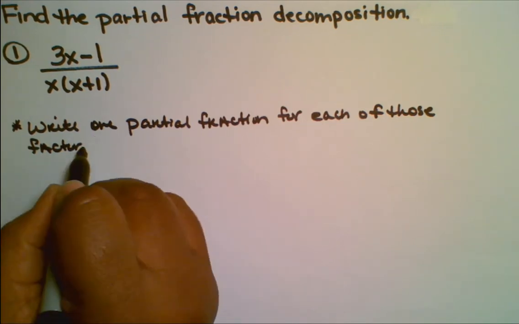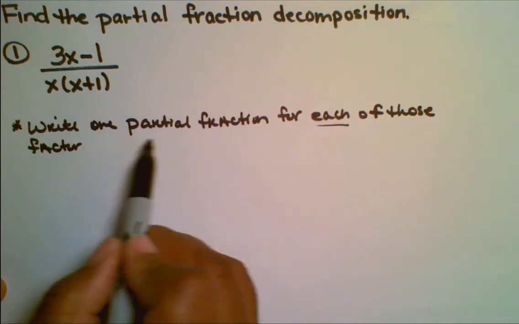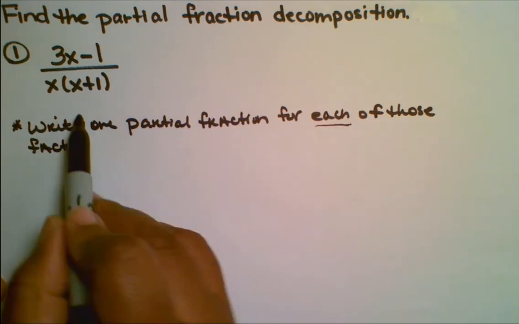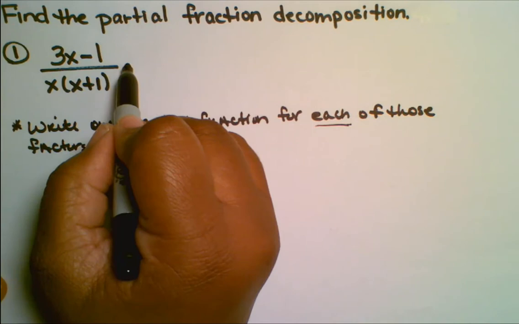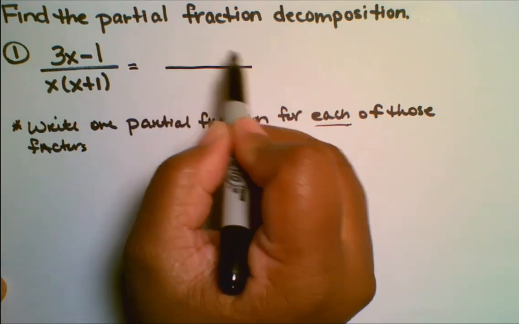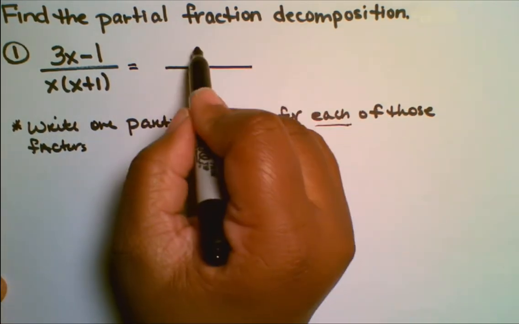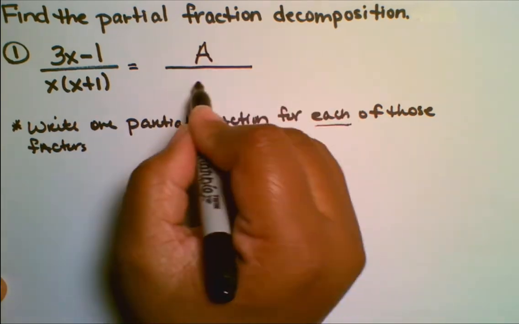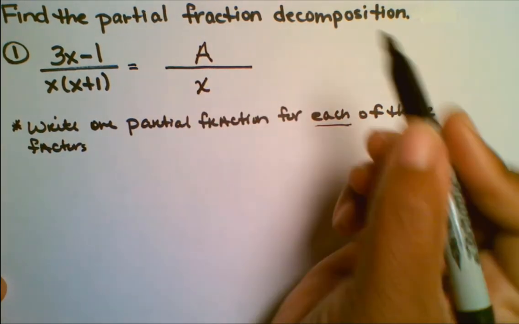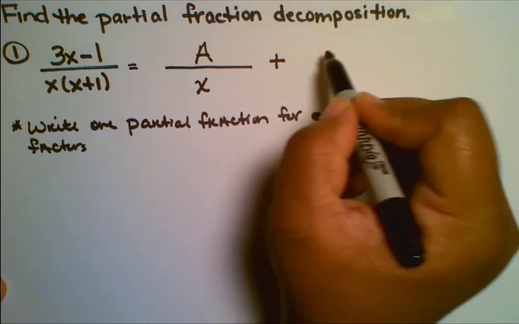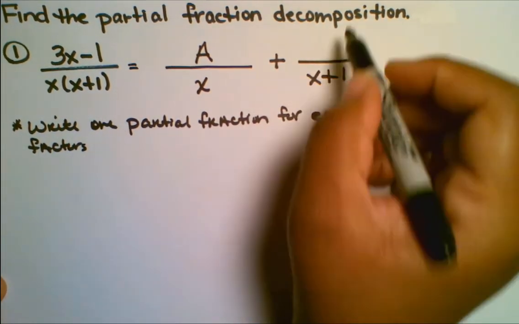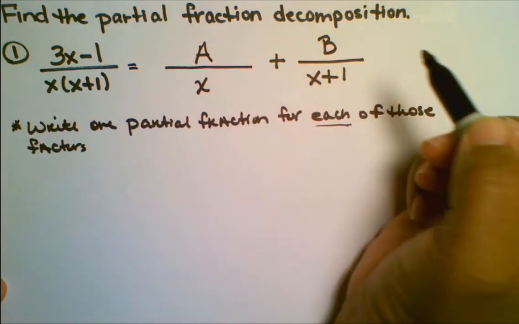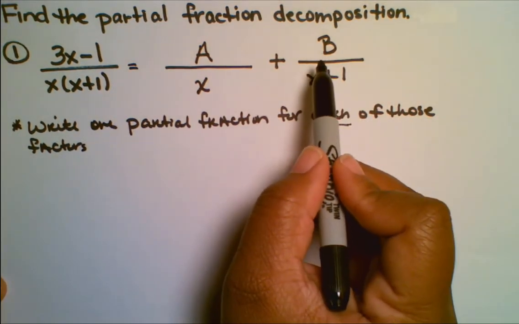Let me write this down here. So we have two factors. Because we don't know what the unknown is for the numerator, we're going to call that a. So we have a over x, plus, for the factor of x plus 1, we don't know its coefficient, so we would call that b.